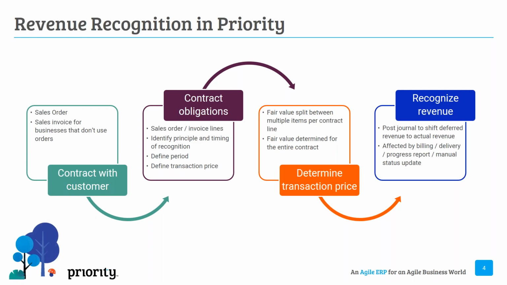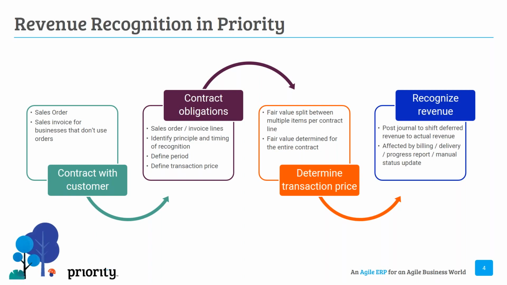Then we determine the fair value by splitting that transaction price into components that make up that price and have various principles and timings of recognition for the same part of the transaction or for all parts of the transaction.